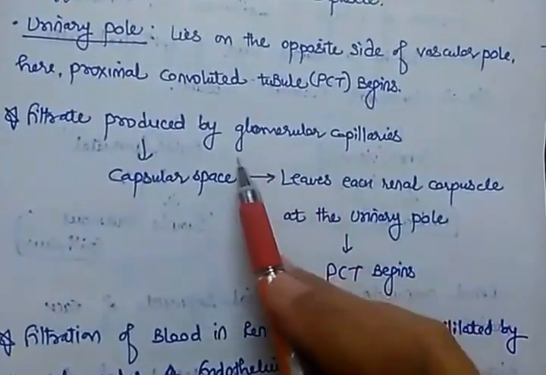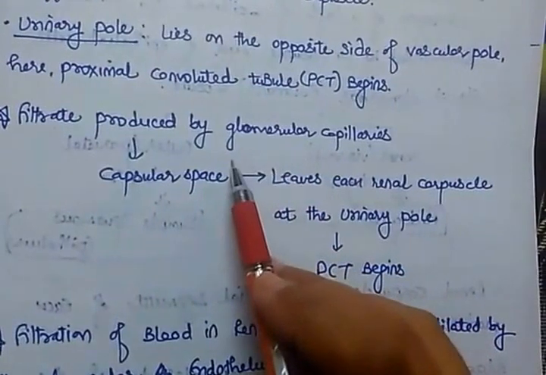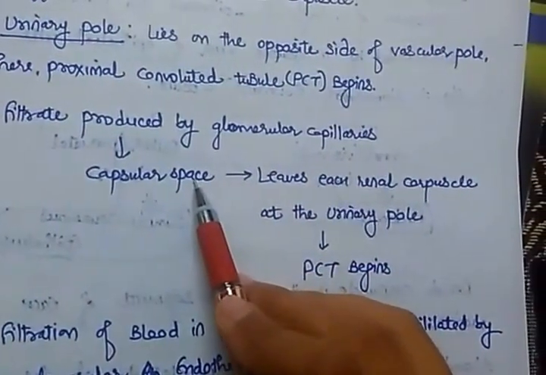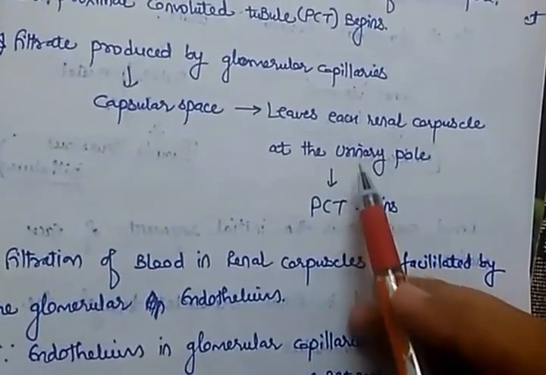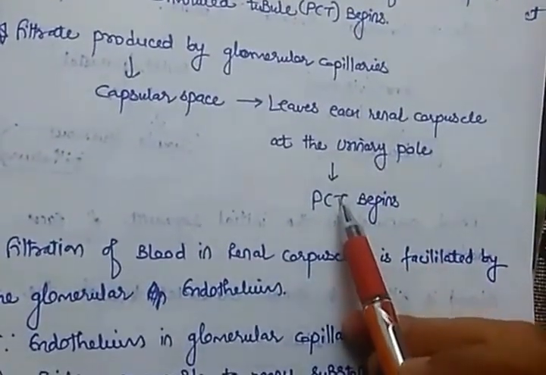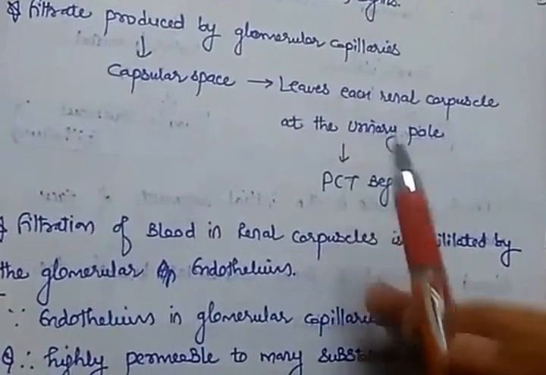The filtrate produced by glomerular capillaries passes through capsular space and leaves each renal corpuscle at the urinary pole, and from there goes into the proximal convoluted tubule.